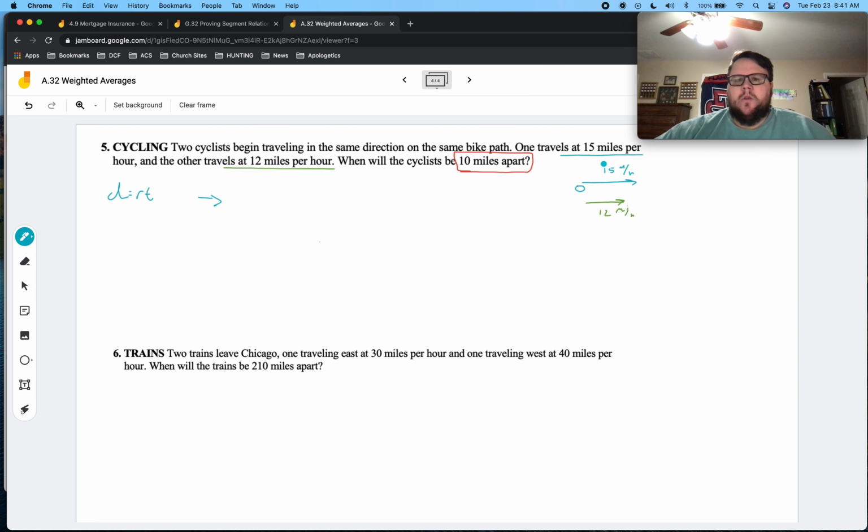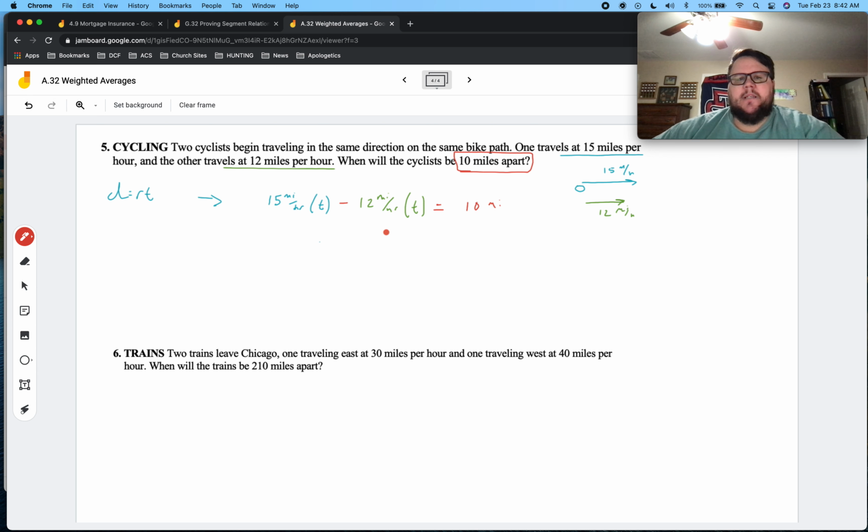We're going to start with the blue one: 15 miles per hour times t, and then we're going to subtract the green rider, which is 12 miles per hour, times the same t, and we want it to equal 10 miles.